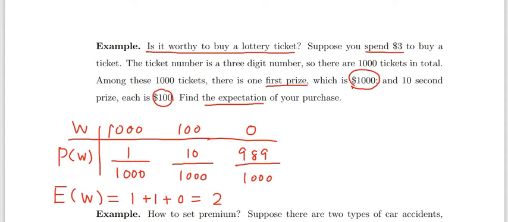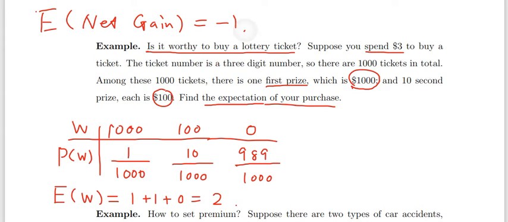You spend $3, so we consider the expectation of your net gain. So the net gain equals -1, right? This means that on the average, you will lose $1. Okay.